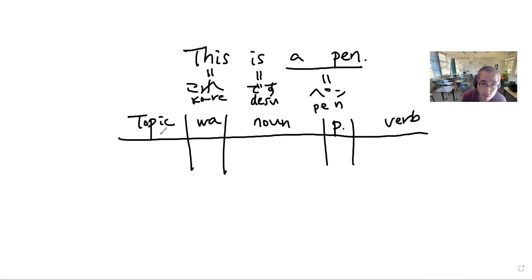So if I follow this sentence structure, "this is a pen" will be "this a pen is". That sounds a bit weird for English native speakers, but "this a pen is" is the Japanese word order. Please get used to it.